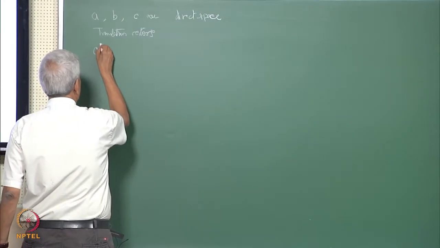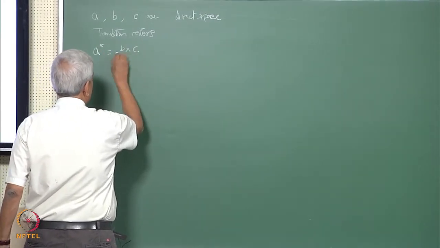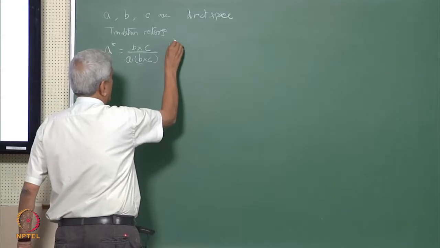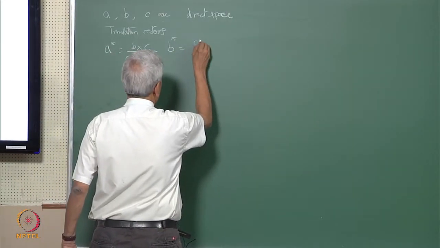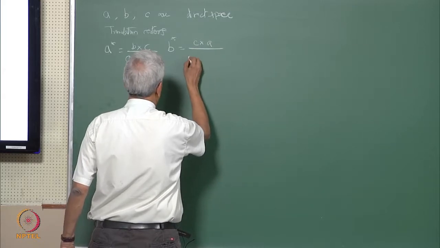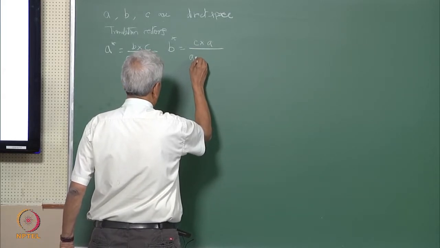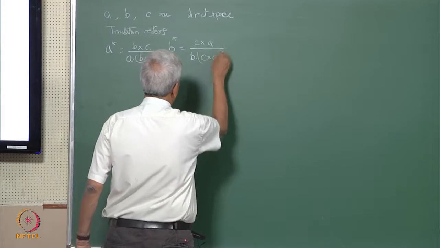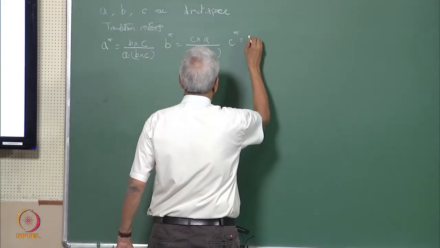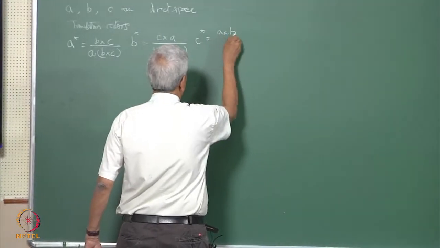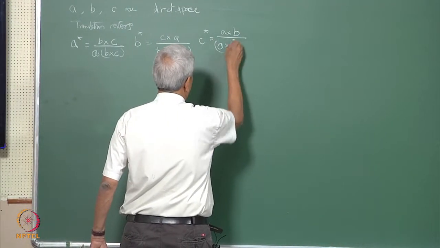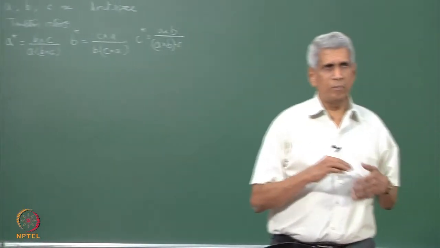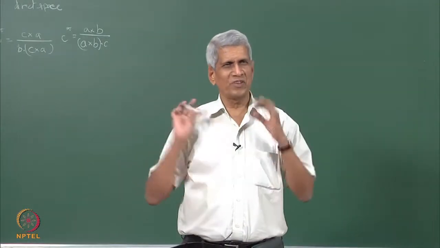Then for the reciprocal space, this is the relationship: a star equals b cross c over a dot b cross c, b star equals c cross a over a dot b cross c, and c star equals a cross b over a dot b cross c.